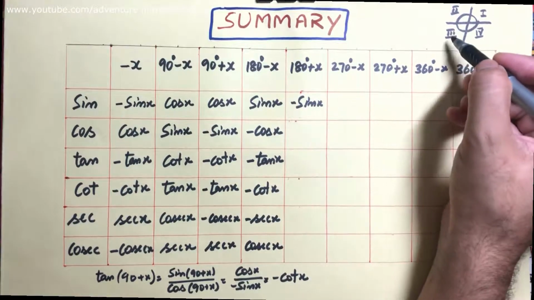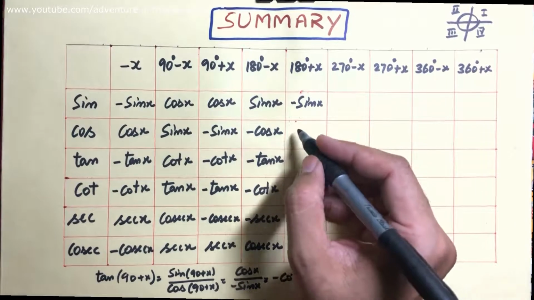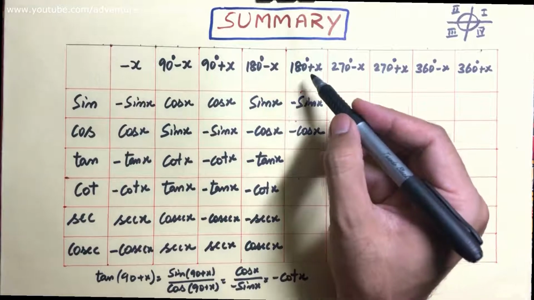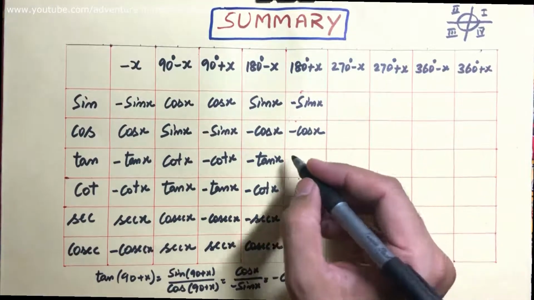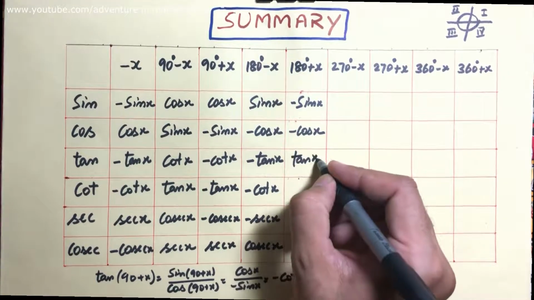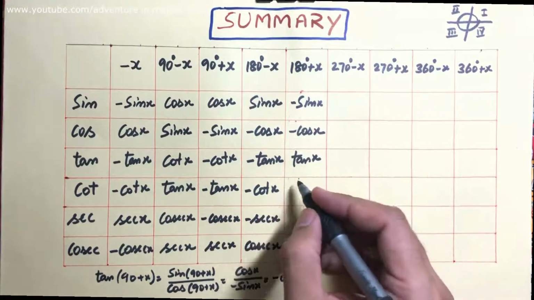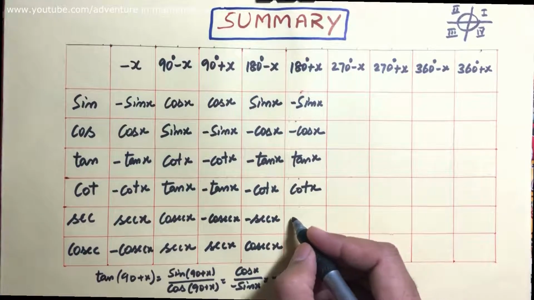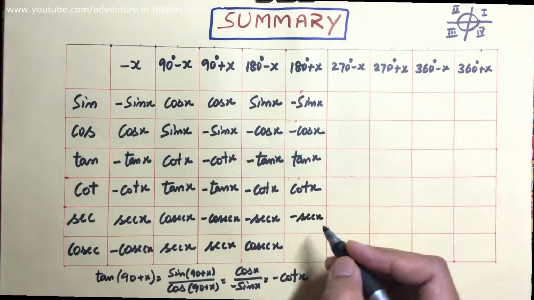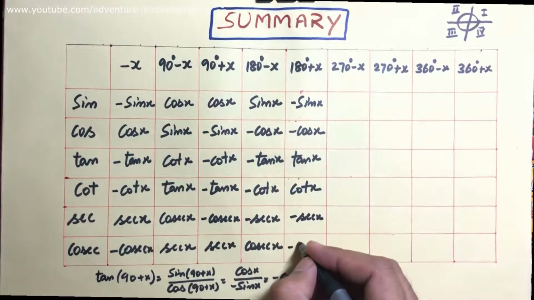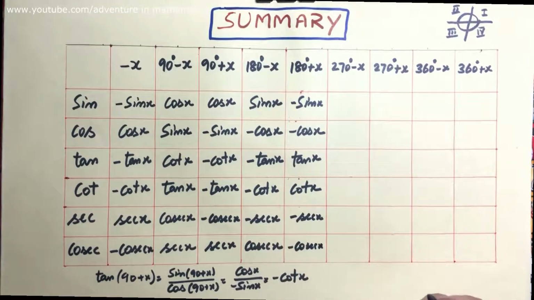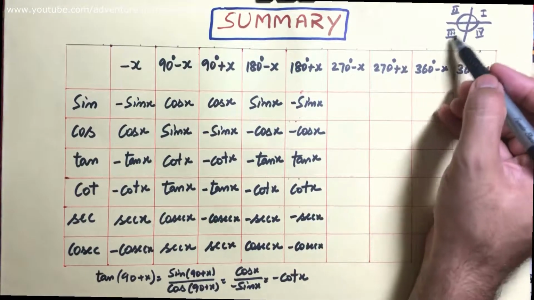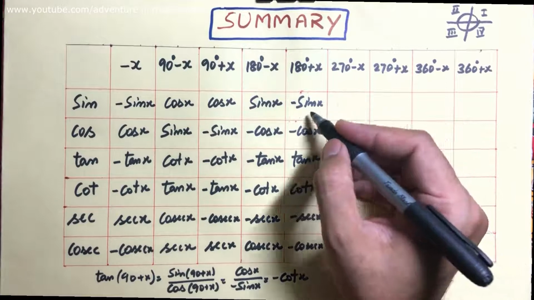What is positive here? Tan. And cos is also negative, so we get minus cos x, and for tan of 180 plus x, because tan is positive, we get plus tan x. Now the other three are the reciprocals: tan reciprocal is cot x, cos reciprocal is minus secant x, and sin reciprocal is minus cosecant x. Now 270 minus x, so here we are again in the third quadrant, but now the t ratio changes.